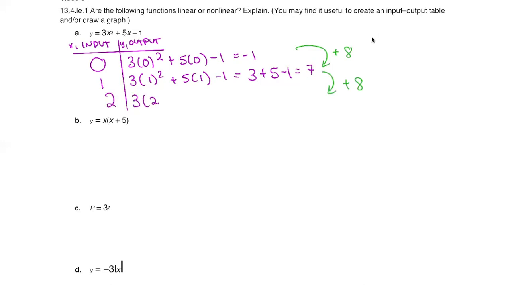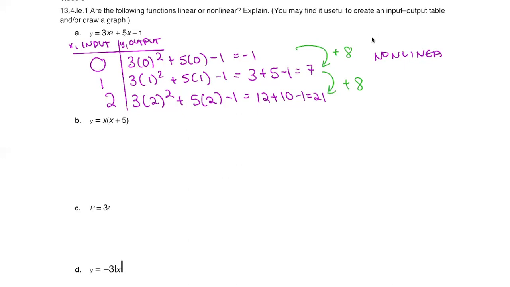Well, 3 times 2 squared plus 5 times 2 minus 1. That's going to be 3 times 4, which is 12, plus 5 times 2 is 10, minus 1. Well, that's only 21, which is way bigger than 15, so this is nonlinear.